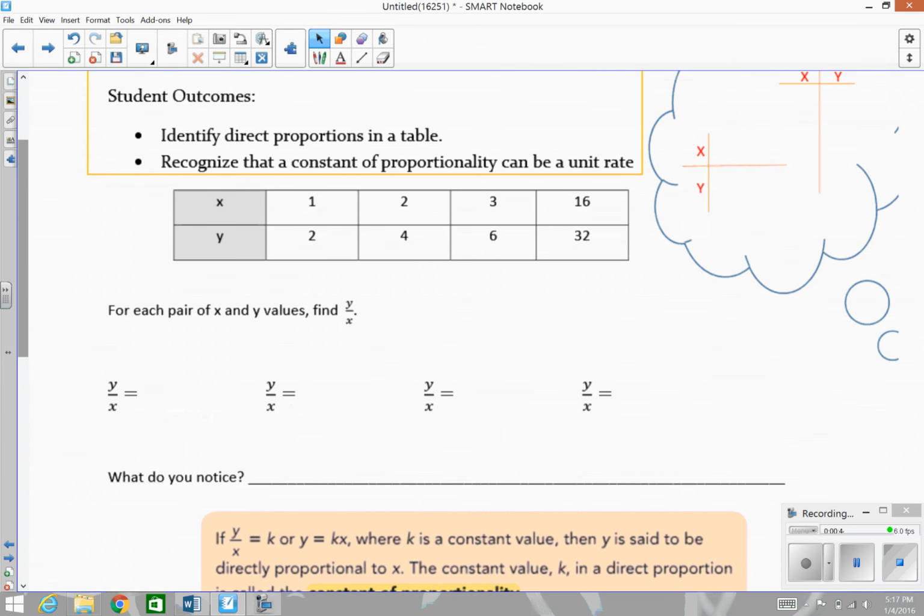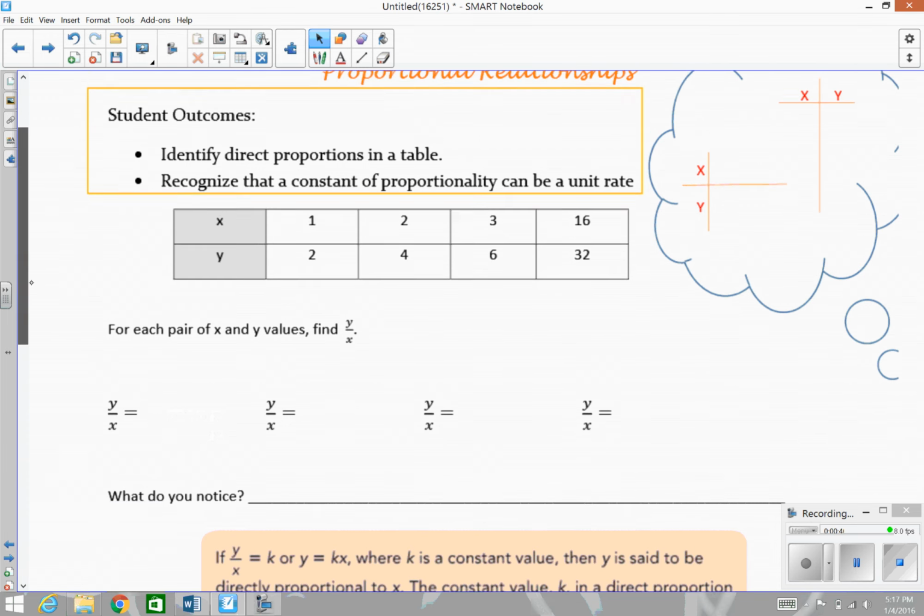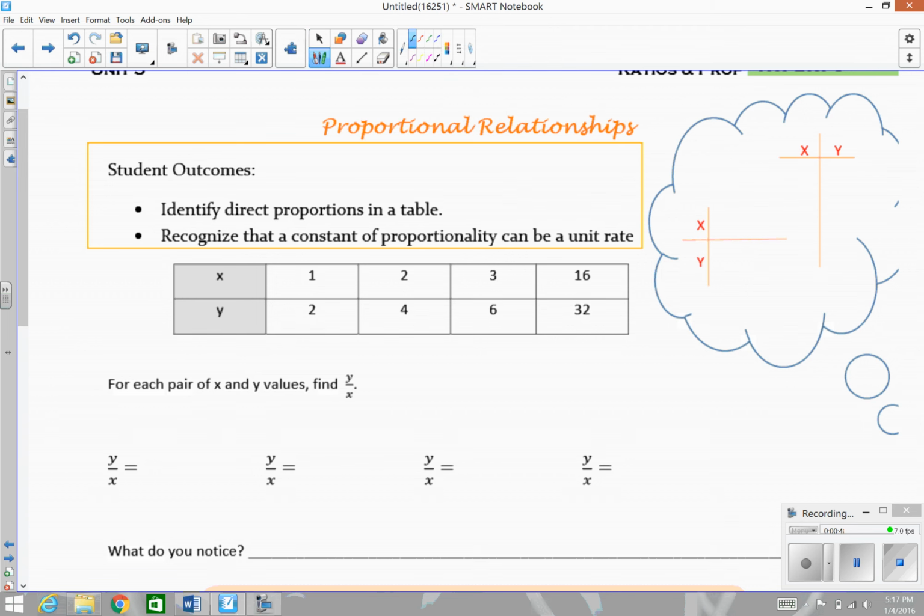So what we have here is a table, and you'll notice off to the side I've put this thinking bubble. I just want to point out that for a lot of this packet you're going to see these horizontal tables. In a horizontal table, they usually label X and Y, but sometimes they use other letters.